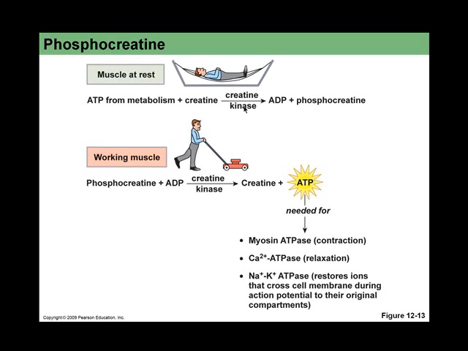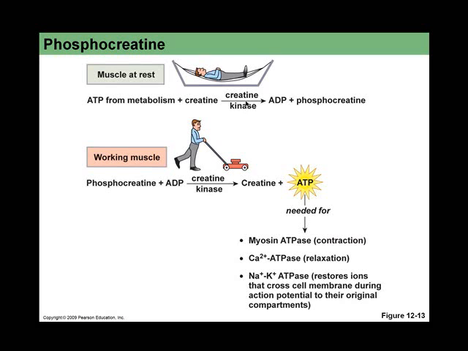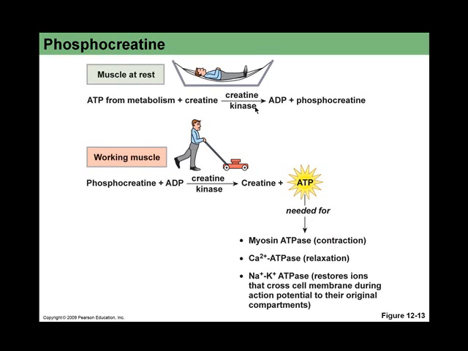So as any kinase would do, when we studied the signaling, like the cyclic AMP activates the protein kinase A, then the kinase will phosphorylate proteins. In this case, it's phosphorylating creatine, and ADP is the other product, right?